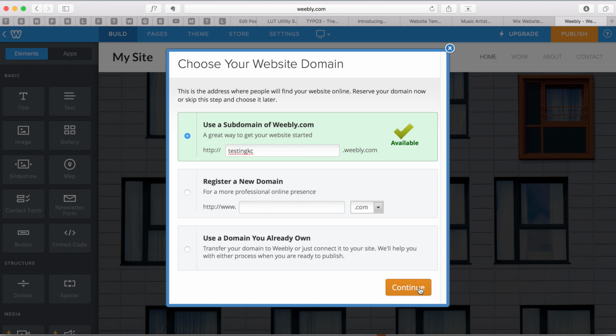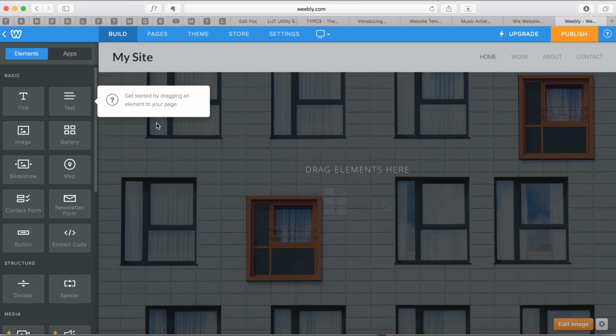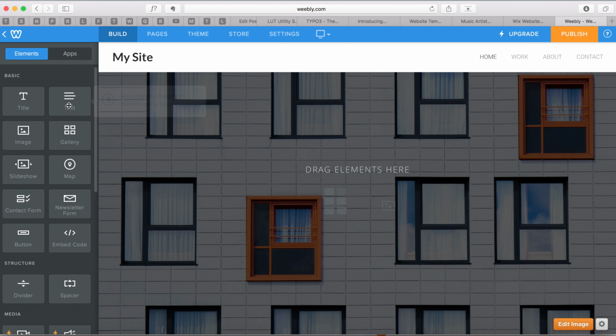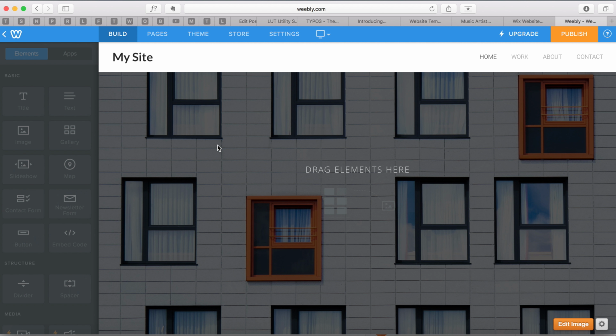Some of the disadvantages are the free account, they tie it to their address, so it's whatever your name is with Weebly or Wix attached to it. So you don't get your own custom domain unless you pay to have that option. Additionally, another disadvantage is that if you do want to get a professional look to your site, get your own unique name, it can cost a bit more than the other options.